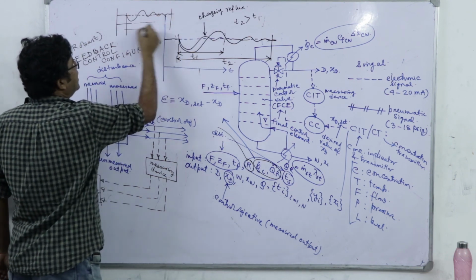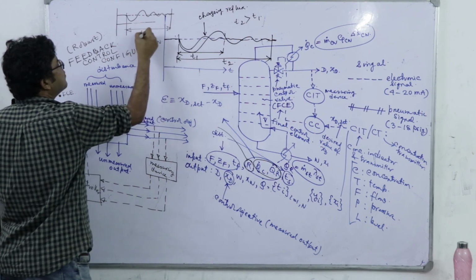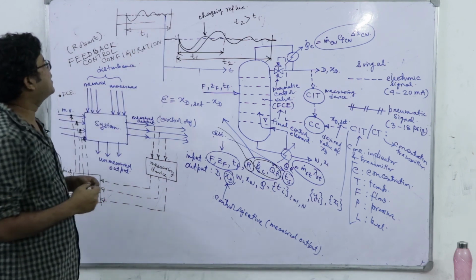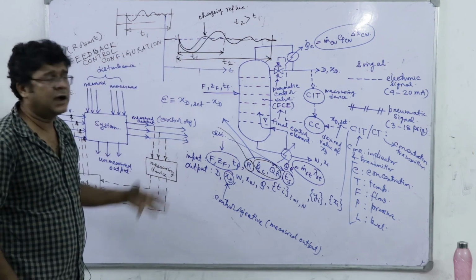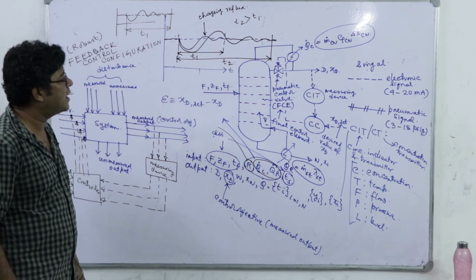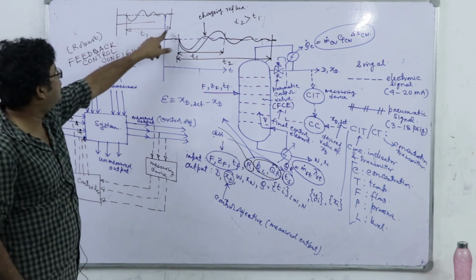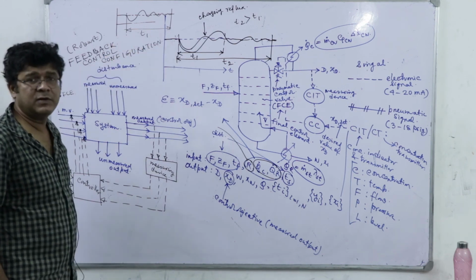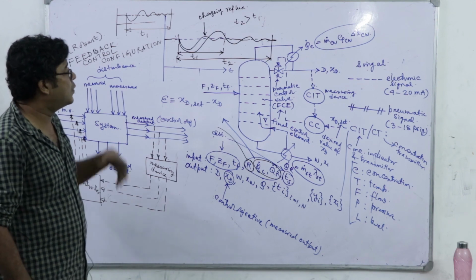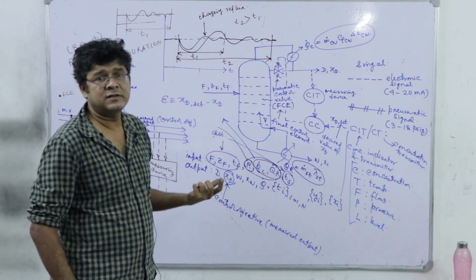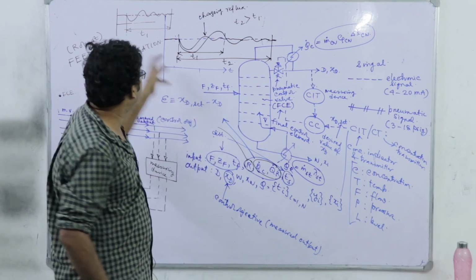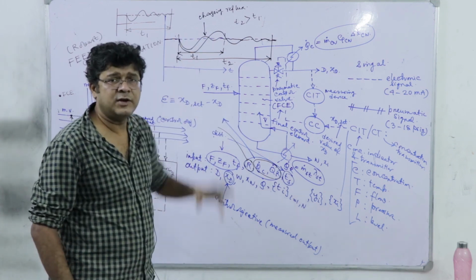But over this time interval, we are getting some product that is not satisfying the desired quality. So, that is a waste product over this time interval, whatever we are getting. So, that actually it is a loss. The loss is to be incurred because of this time interval.